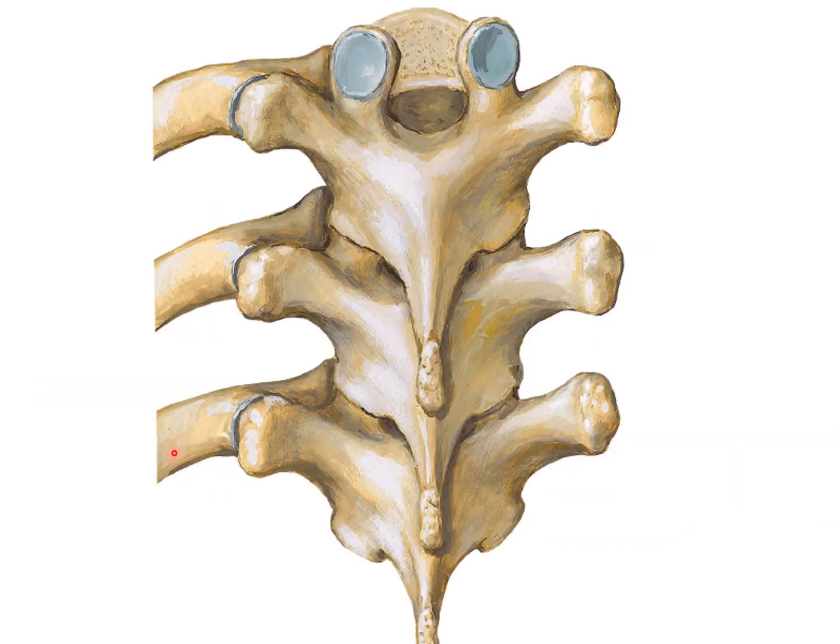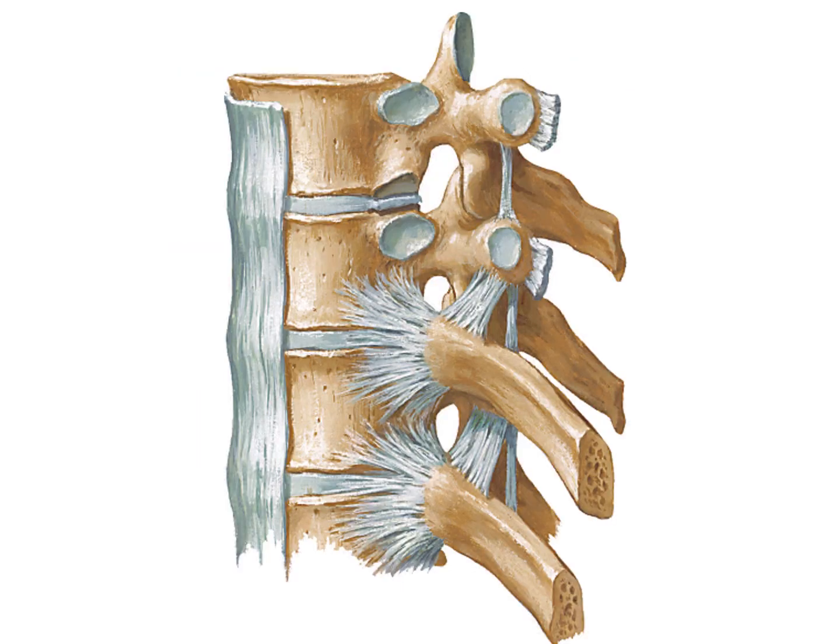This is how the ribs and the vertebra join here in two joints, and this is called the costovertebral joint, and this is the costotransverse joint.